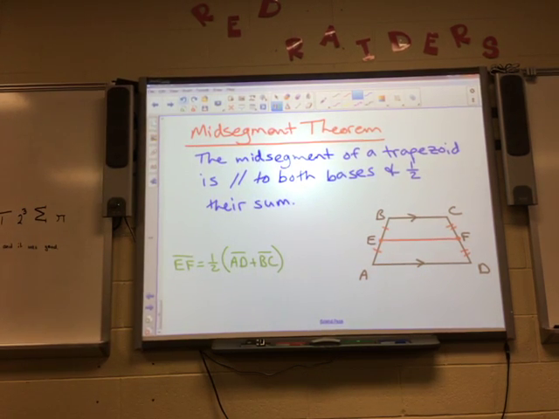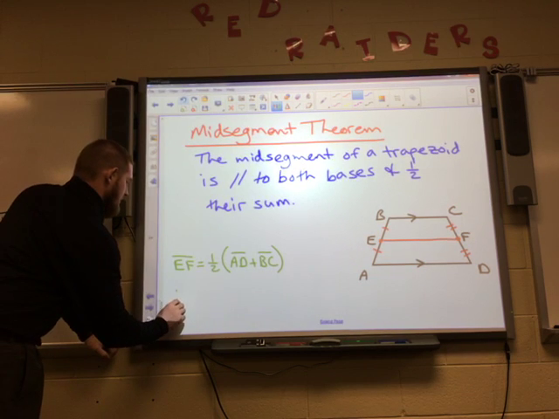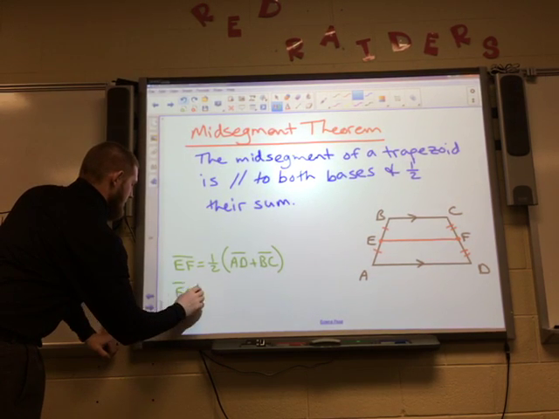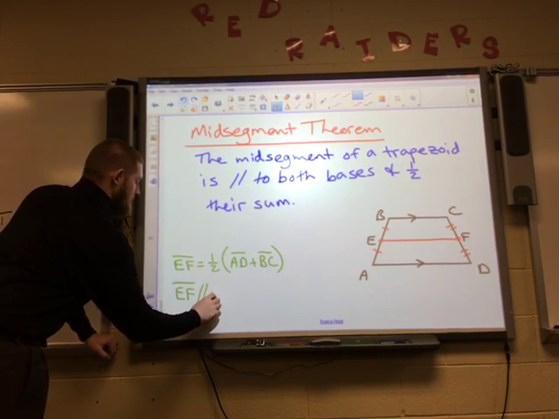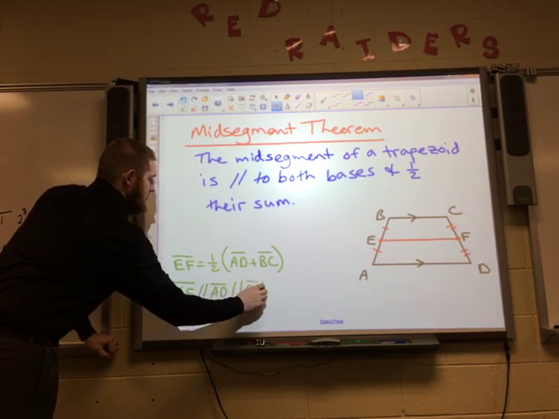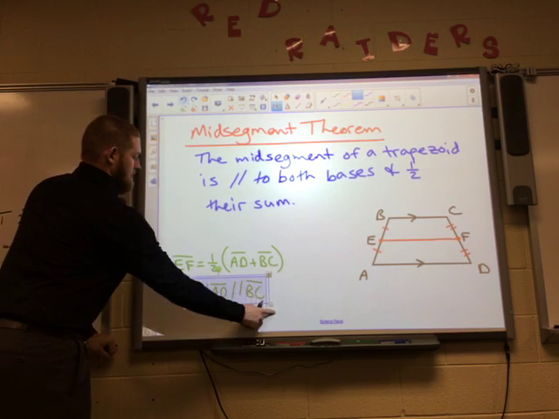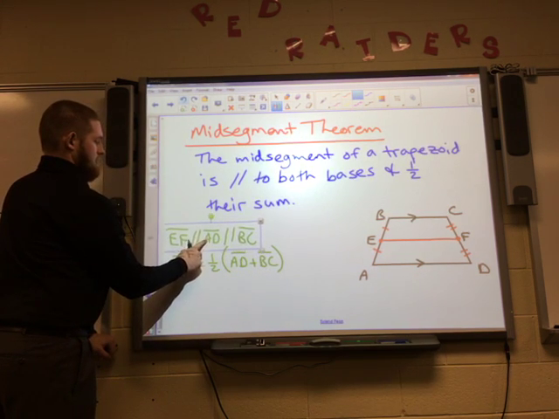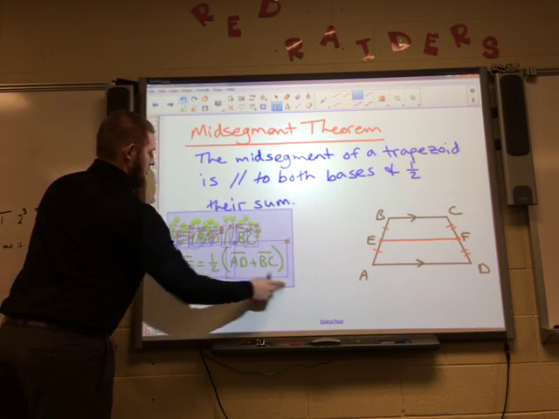Anybody tell me the other thing we know? Royal? EF is parallel to BC and AD. EF is parallel to AD, which is also parallel to BC. Good. Let me put that on top just because it comes first in our theorem, technically.